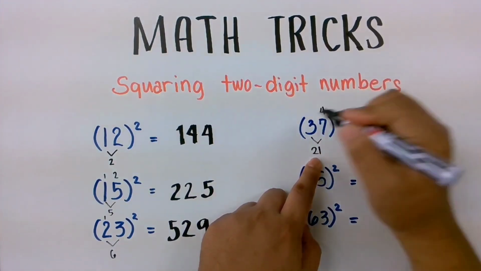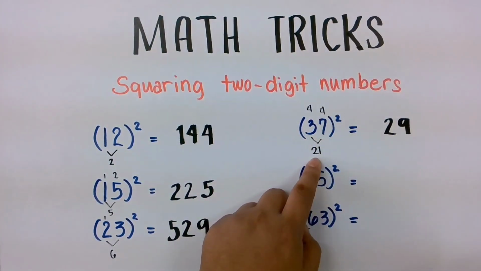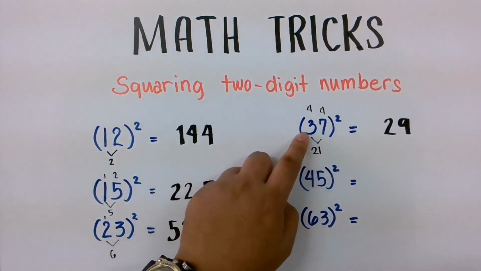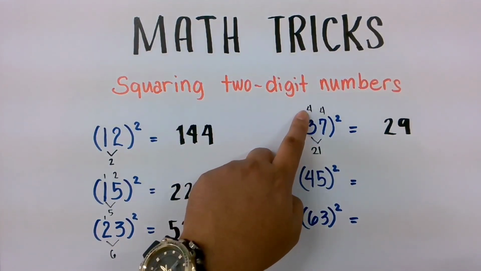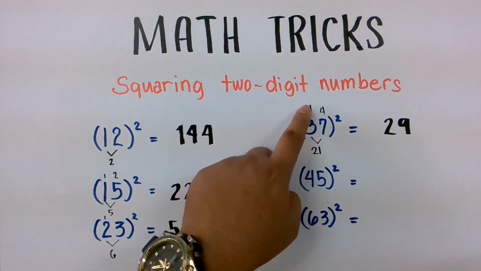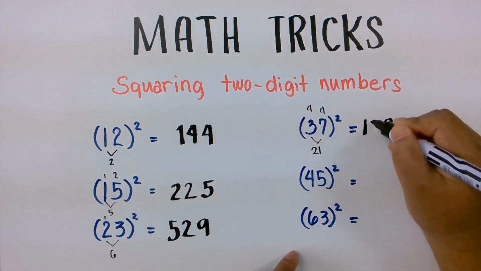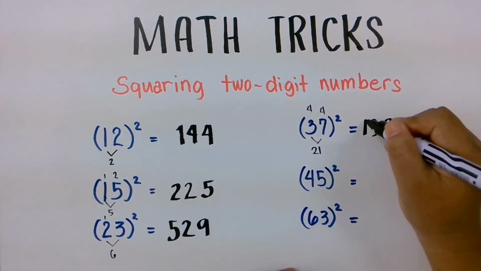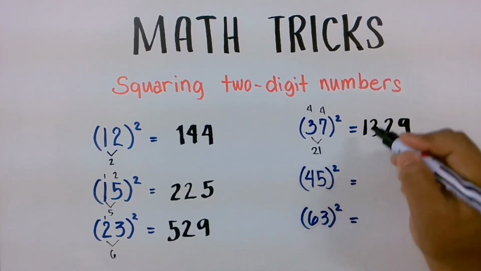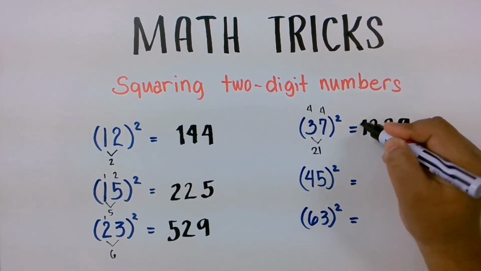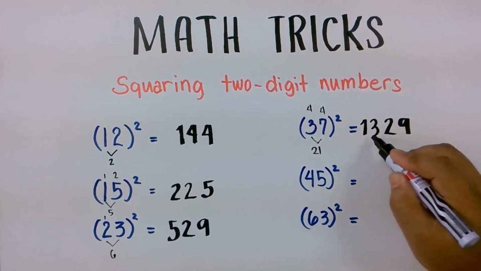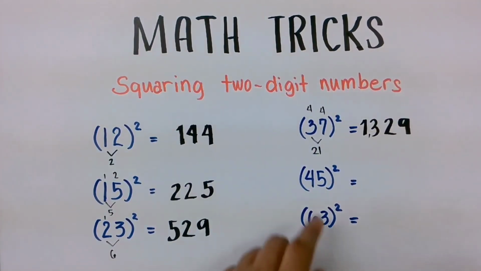So, 42. Carry 4. Okay. And then, square natin tong 3. 3 squared is 9 plus 4. So, 9, 10, 11, 12, 13. So, therefore, the square of 37 is 1,329.